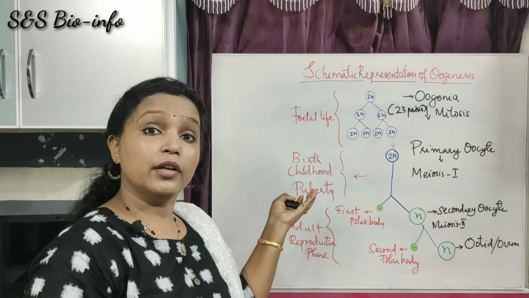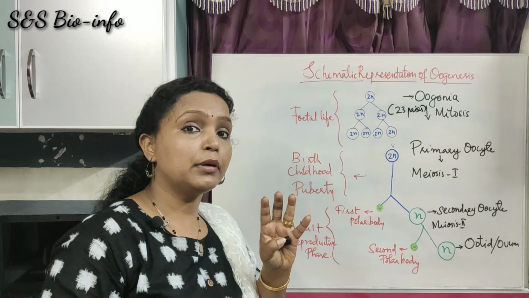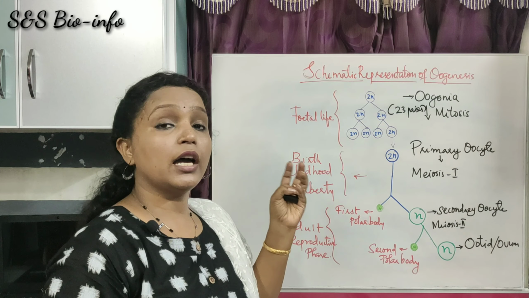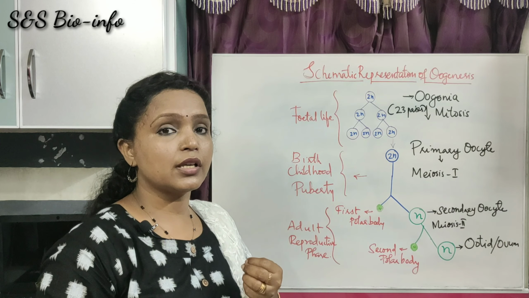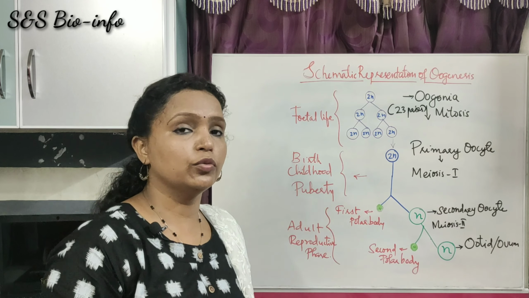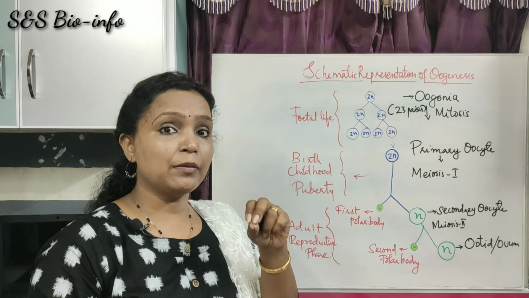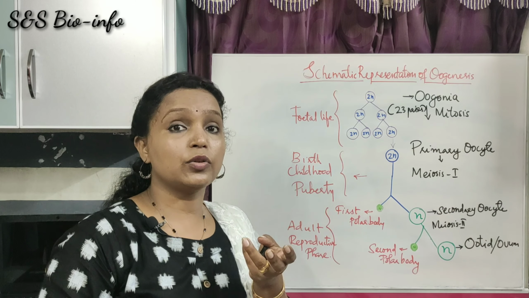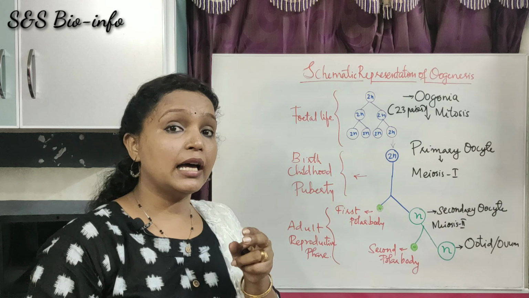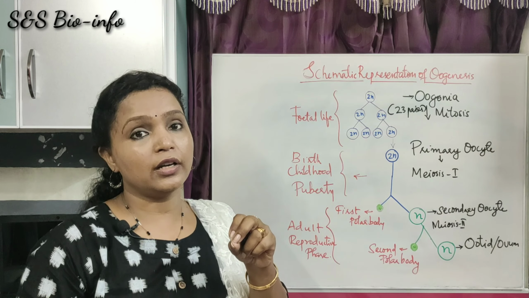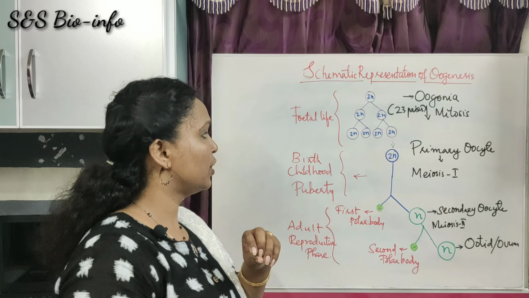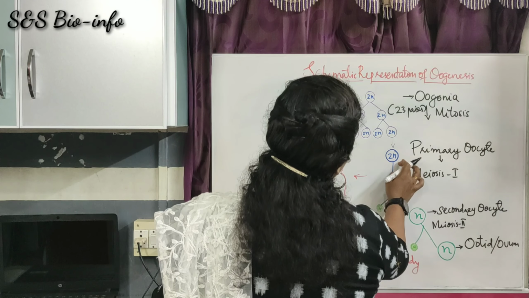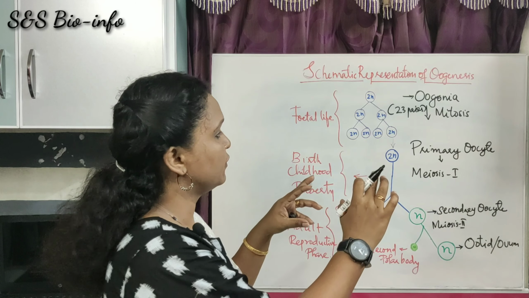They undergo mitosis during the embryonic stage itself, and some of them become large in size. They act as primary oocytes. And at the same time, the primary oocyte undergoes meiosis 1 and it gets into the prophase 1. The stage is temporarily arrested over there. That takes place during the fetal life.